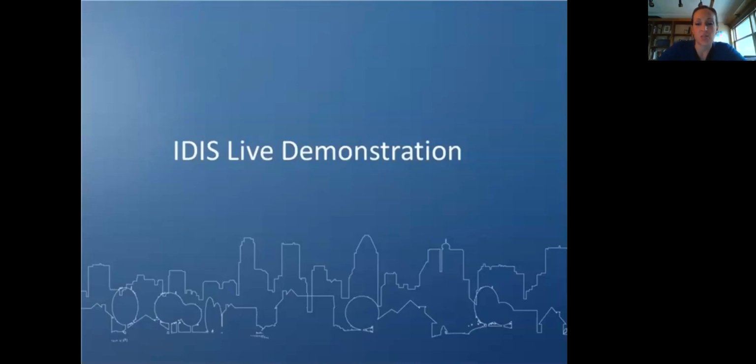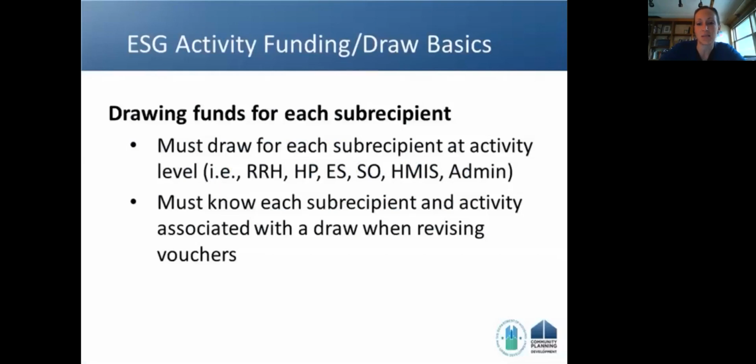First, when drawing funds for each subrecipient, make sure that recipients are drawing for each sub at the activity level, so rapid rehousing, prevention, emergency shelter, street outreach, HMIS, admin, and then recipients also need to know each subrecipient and activity associated with a draw when you're revising your voucher. So those are two important points to remember when you're drawing funds for your subs.